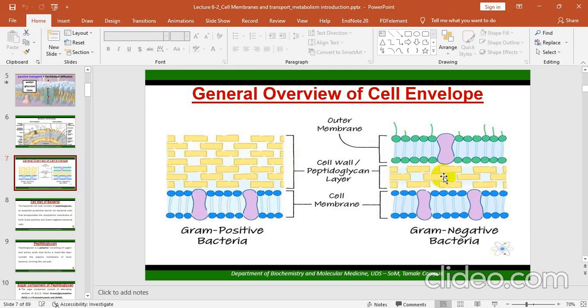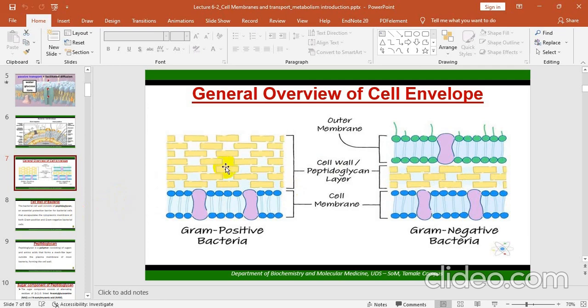I've forgotten the stain. So it's able to retain the primary stain, whereas the gram-negative bacteria has a very thin peptidoglycan layer, so it's not able to retain the primary stain. So it loses the primary stain and rather absorbs the secondary stain, which is neutral red or safranin or so.